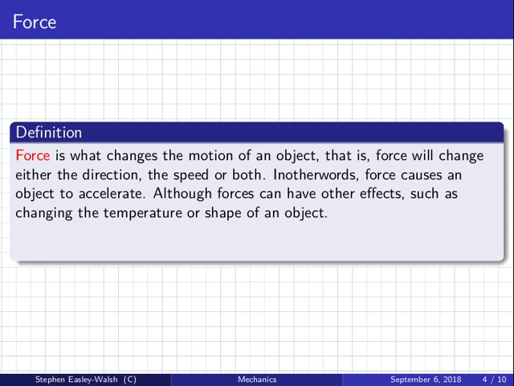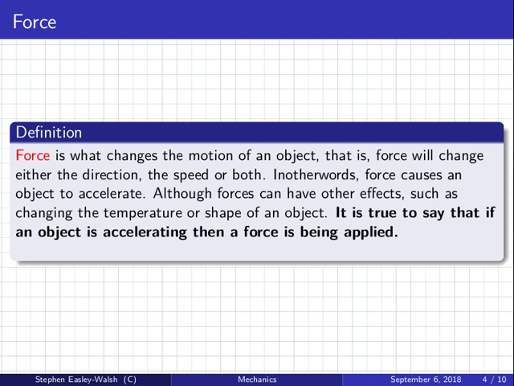But it's true to say that if an object is accelerating, then a force is being applied. That's the key point here. You should write that down. If I see something accelerating, then I can say there's a force on it.